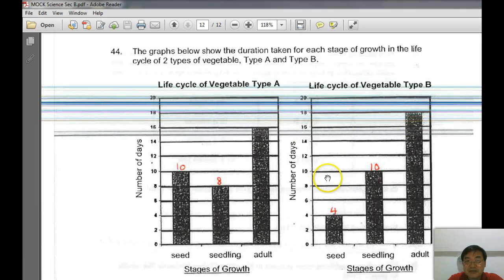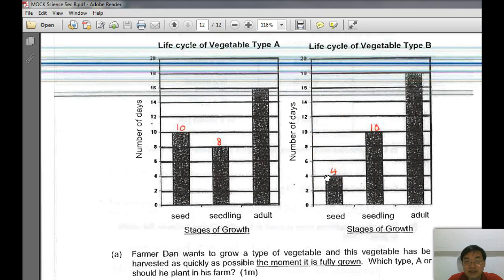Now what happens is that the farmer wants to quickly cut off the plant to sell. All right, cut off this particular vegetable to sell, and it has to be harvested, means taken off as quickly as possible when it is fully grown. Now watch out, if it's fully grown, it means it is at the adult stage.